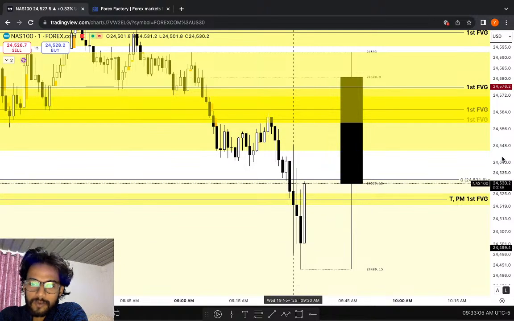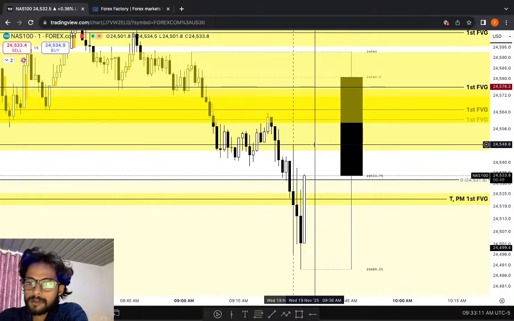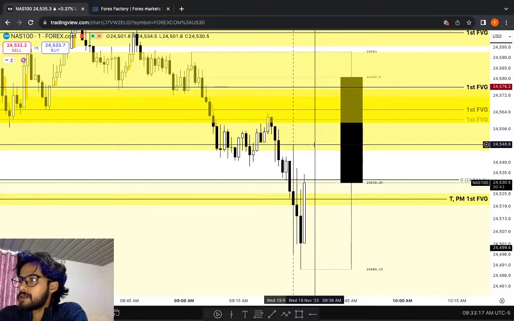Just like that, move higher and take out the highs. This high, first one, looking for them to take that out. Take those highs out.